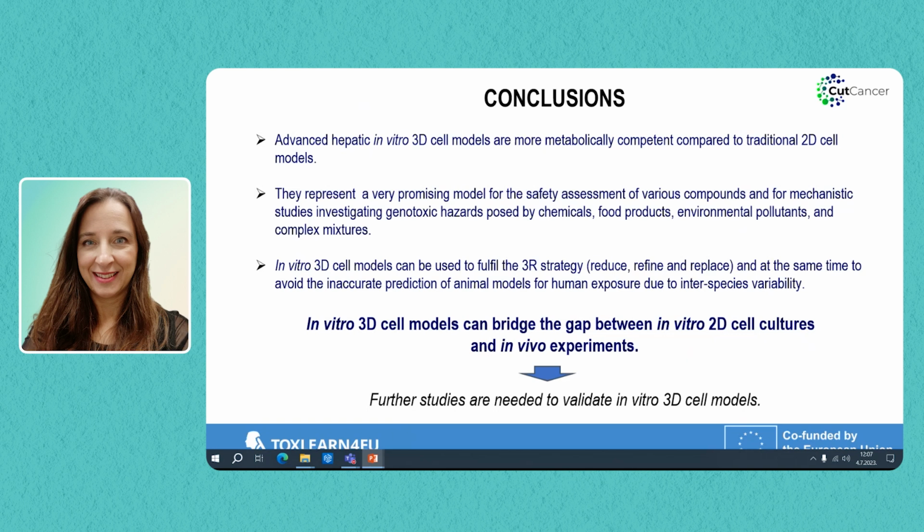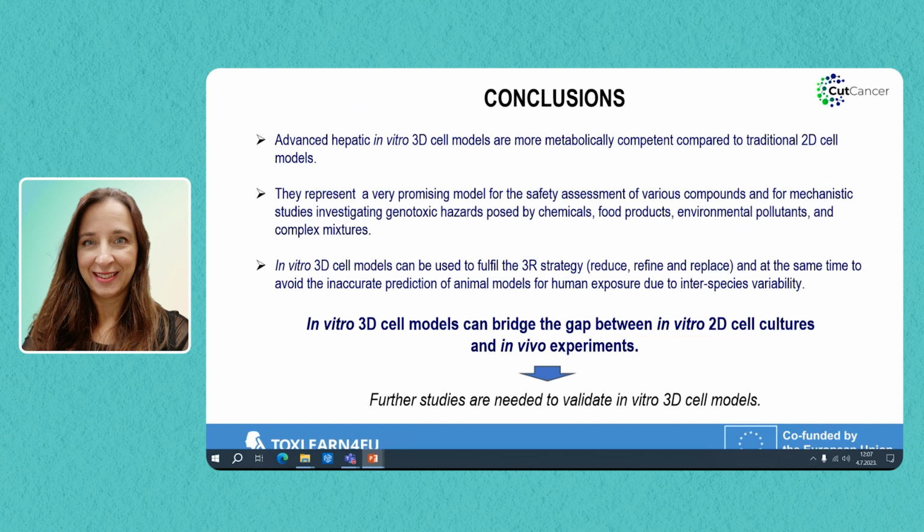Also, these in vitro 3D cell models can be used to fulfill the 3R strategy: reduce, replace, and refine the use of animals. At the same time, they also avoid the inaccurate prediction of animal models for human exposure, because the animals that are mostly used are rodents, and rodents are very far from humans, so it's only a prediction.